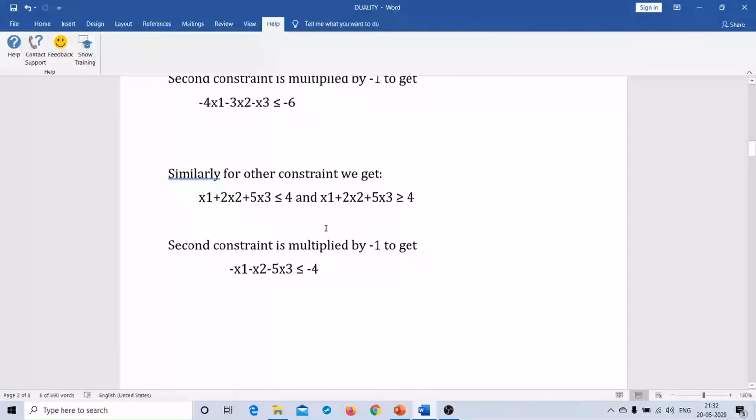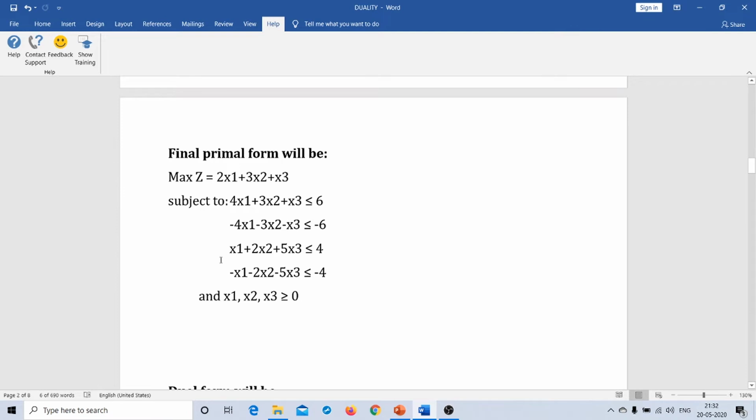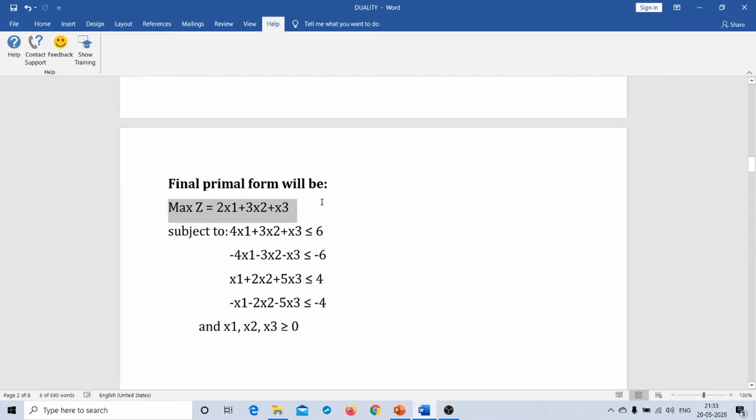So let us see what those four constraints are, which I will say is the final primal form. This is my objective function subject to, watch out carefully, these four constraints. When you look carefully, all four constraints are of less than or equal to type, right? The reason is the objective function is maximization.